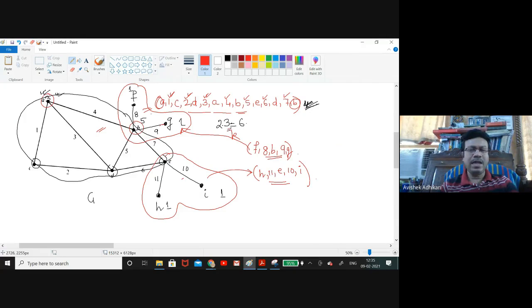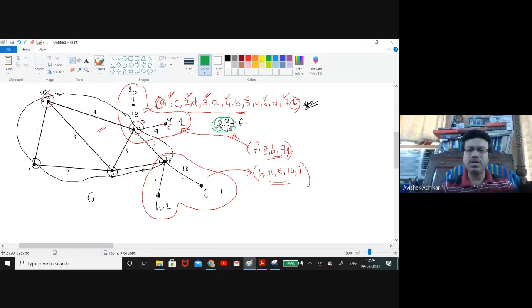Now, can anybody tell me some idea about the proof, how this could be proved? Any guess? I'm just giving you some hints. Here, how many odd degree vertices are there? There exist, sorry, not k, 2k odd degree vertices.